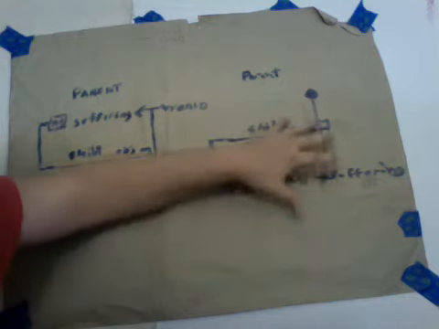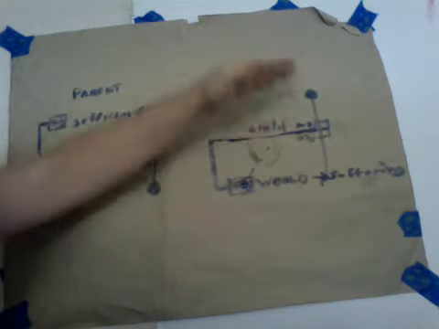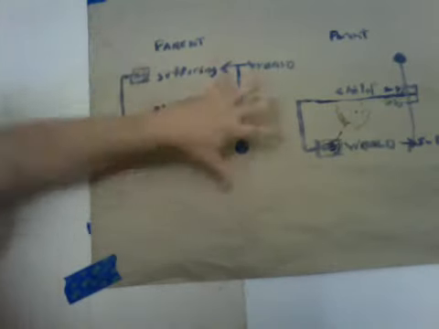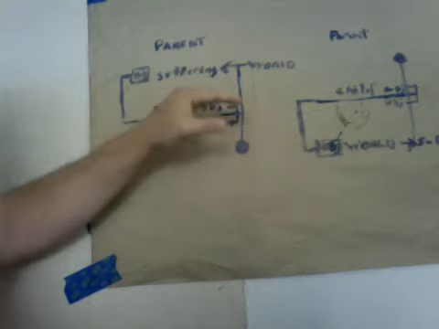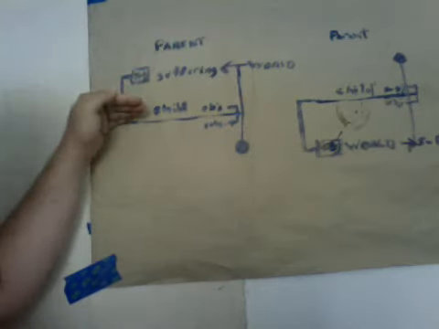And so what happens is this particular lineup between subject and object is flipped when over here we have the parent, because it's flipped upside down now, the parent suffering in the child.